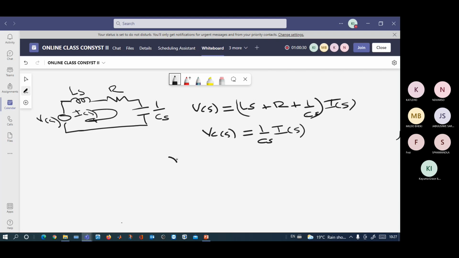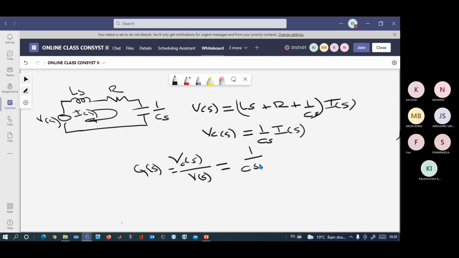Writing that, the transfer function G of S is equal to VC of S over V of S. So we have 1 over CS times I of S over LS plus R plus 1 over CS times I of S. You can simplify this.